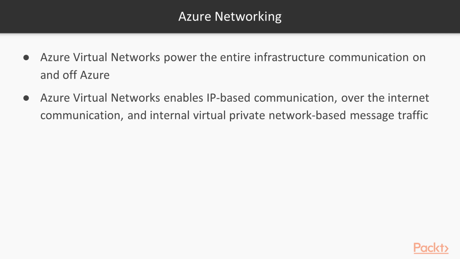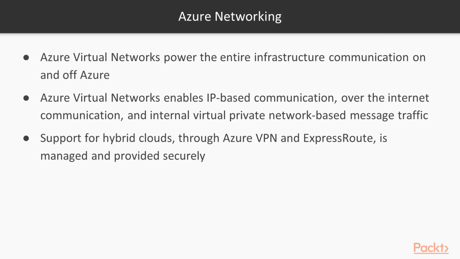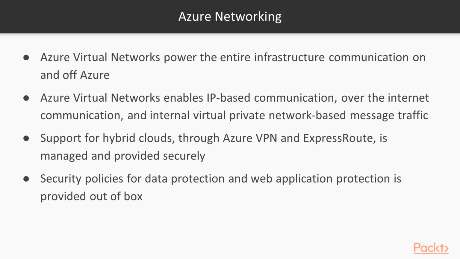You can even create your own VPN networks so that your cloud only communicates with the on-premises and so on. This also enables Azure Virtual Networks to support hybrid clouds through the usage of Azure VPN or ExpressRoute. All of these services come shipped with security policies for data protection or web application protection, which is developed and deployed on the cloud.